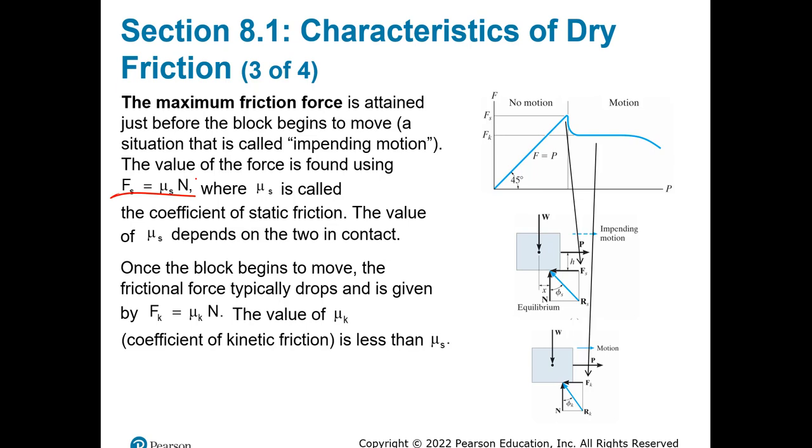So once the block begins to move, the frictional force typically drops, obviously, and then that force will be calculated as F sub k, equal to mu k times the normal, where mu k is the coefficient of kinetic friction, and Fk is the frictional force in motion.